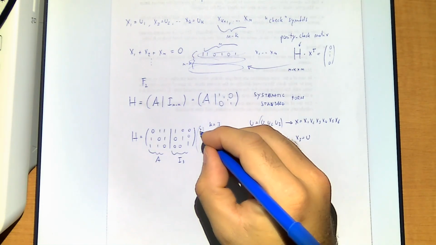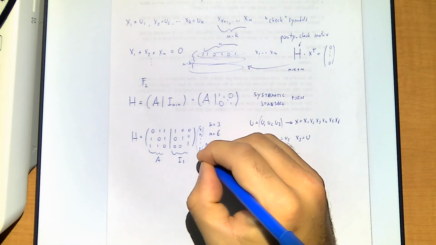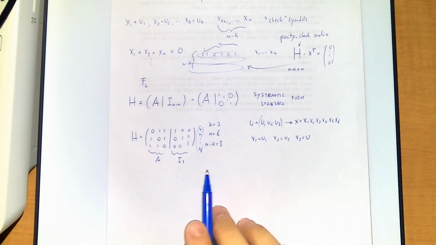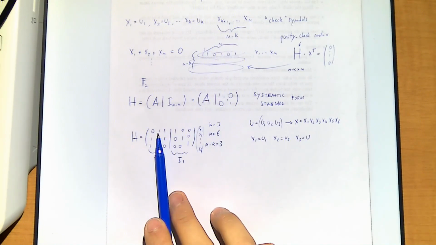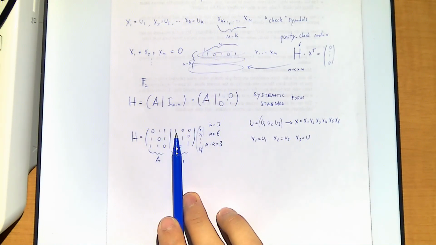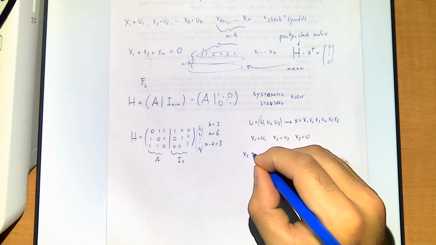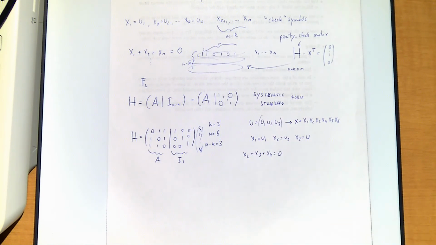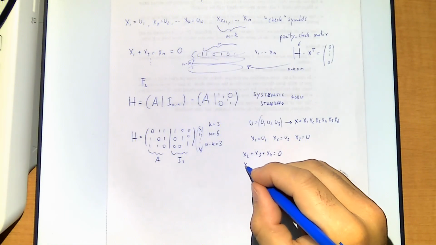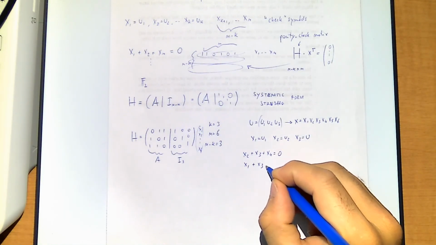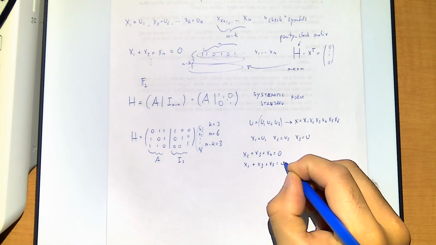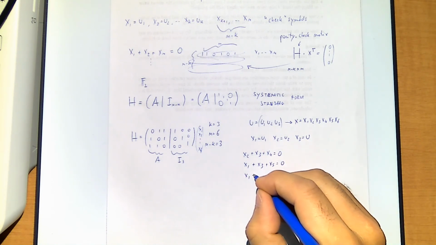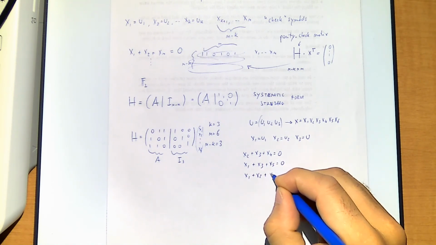So you have X1, X2, all the way down to X6. And then you generate some equations. For example, the first one, you get X2 plus X3 plus X4 equals 0. And then you get the second one, which is X1 plus X3 plus X5 equals 0. And then the third one is X1 plus X2 plus X6 equals 0.